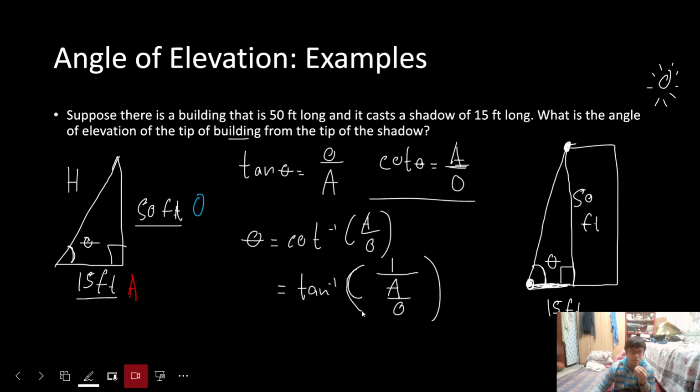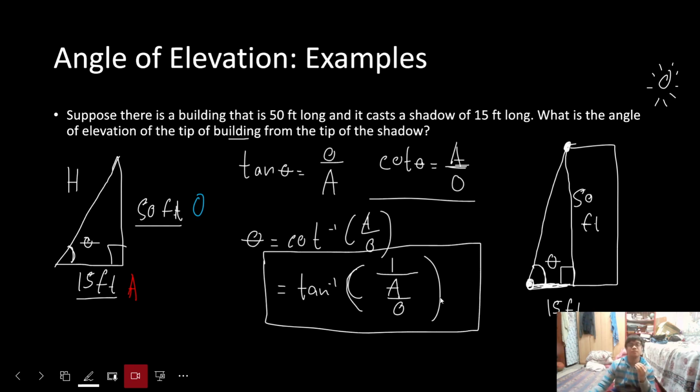So, in other words, instead of using arccotangent of adjacent all over the opposite, just use this instead. Okay? So yeah, it's up to you. The answer will still be the same anyway. That will be all for this example.